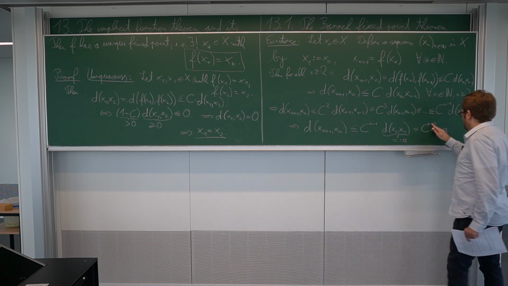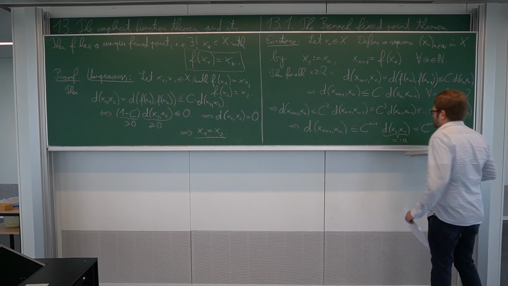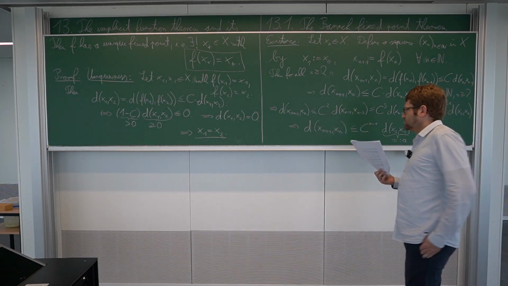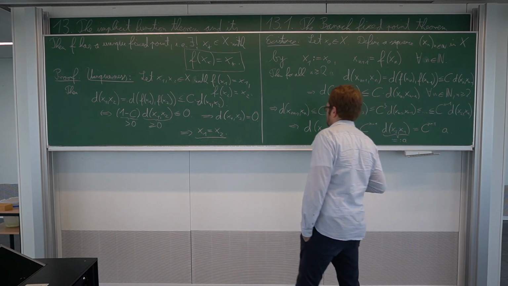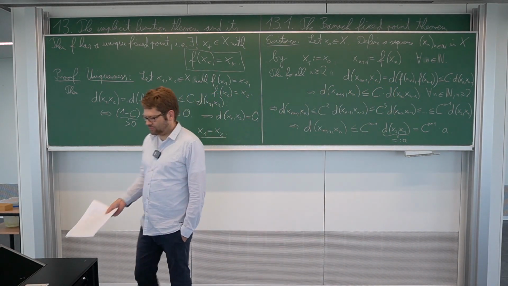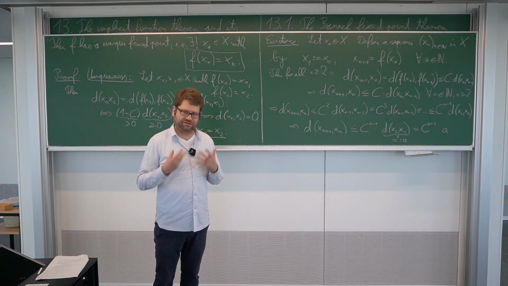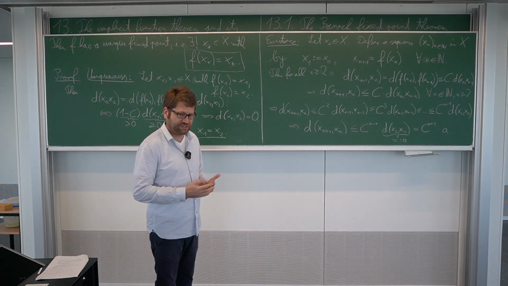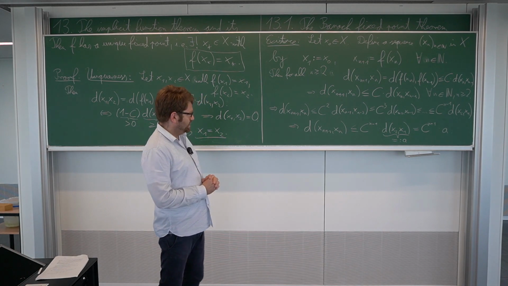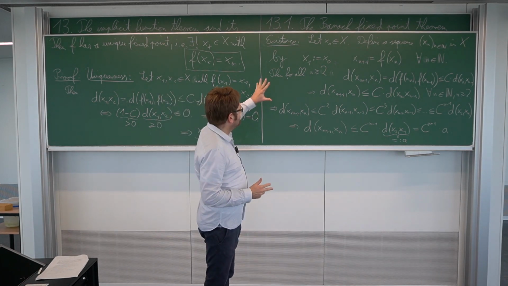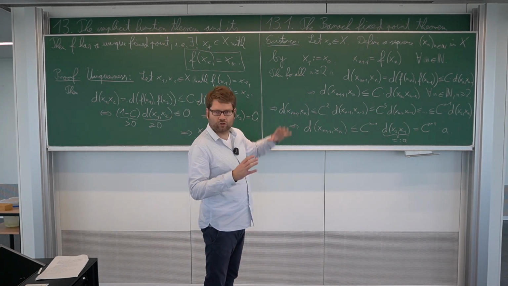And this is somehow good news, because we want to use the completeness of the metric space. The idea is that we want to show that this sequence converges to a fixed point, so that the limit must be a fixed point. In order for this to converge, since we have a complete metric space, it suffices to show that we have a Cauchy sequence.